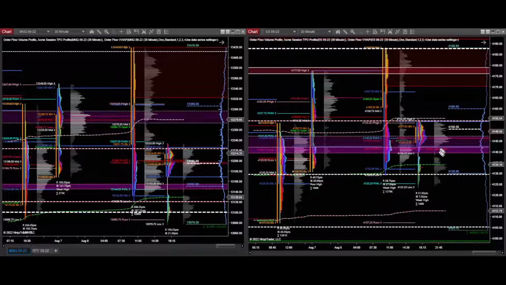So what I see right now, this is what my game plan will be for the day. We made overnight lows here. So what I'm looking at is balance, because we opened up here and we have a lot of shorts here. You can see the most traded price overnight is here.